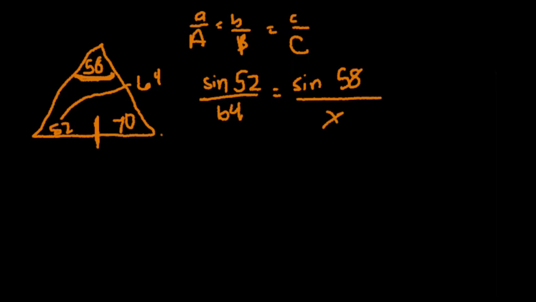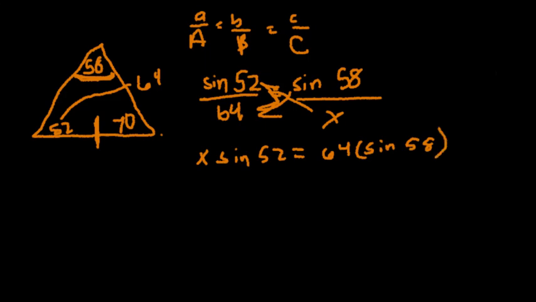So from here we can cross multiply, and then we'll figure out that this will be how our formula looks. So x times sine 52 equals 64 times sine 58.